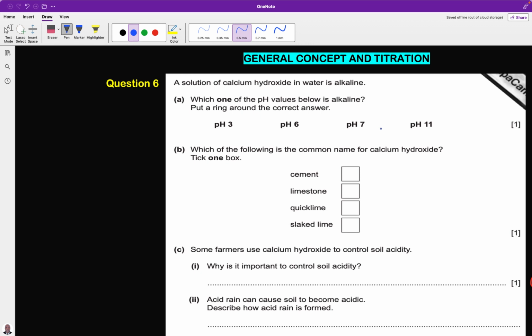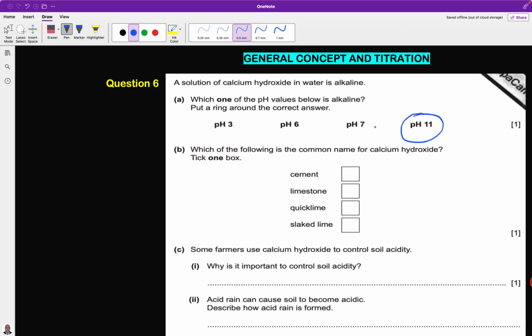And above 7 to 14, the pH is increasing, and that is what we call alkalinity. So we are going to circle pH 11. pH 11 is the right answer.